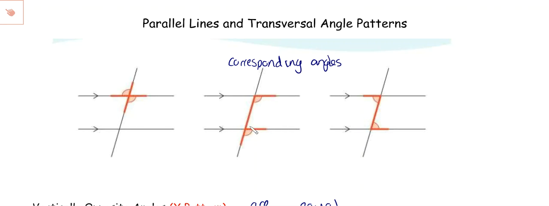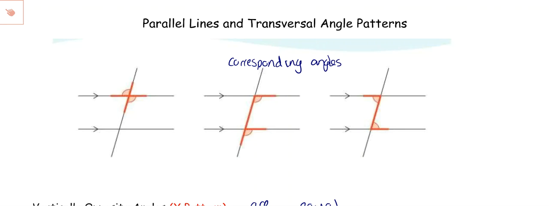Can you see why? If you look at the red line, which includes those two angles, it looks like an F. Now, just to make it slightly more interesting, that F doesn't have to look exactly like the F we recognise. It could be backwards, it could be upside down, it could be upside down and backwards.